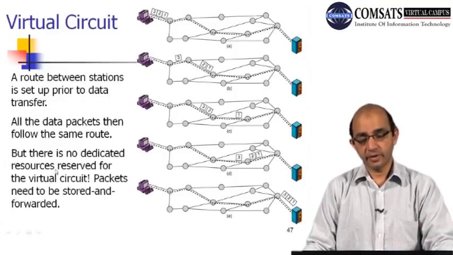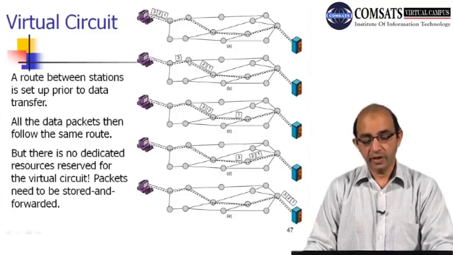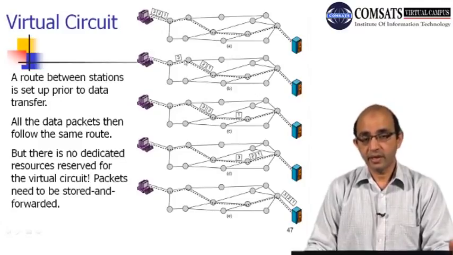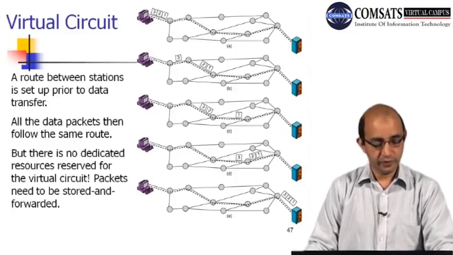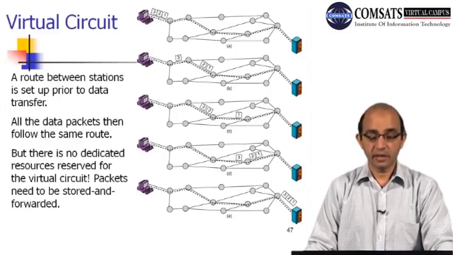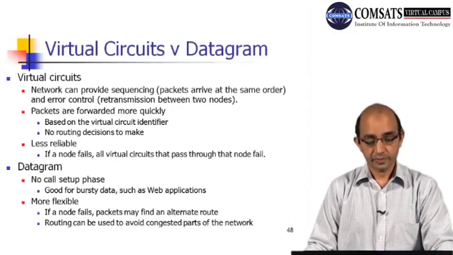So whenever the resources are free, then the data has to be sent. So it means at this node, if there are no resources, the data will be stored and then forwarded, store and forward. We can take the example of an email service on the internet.